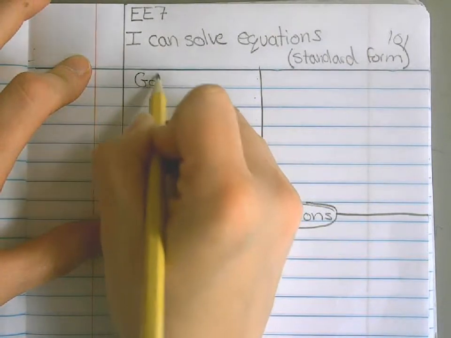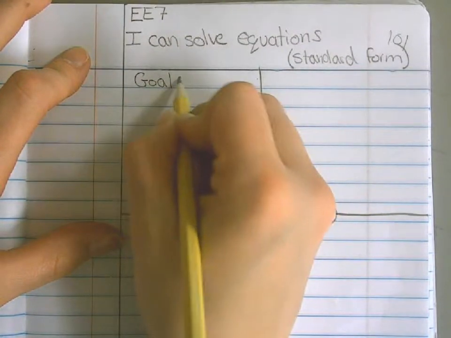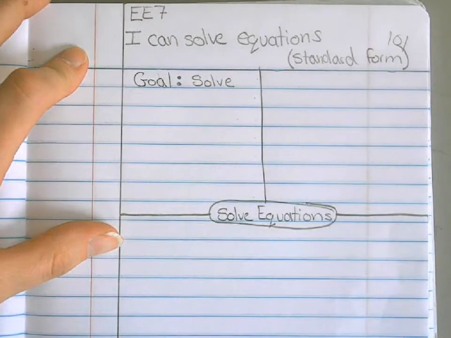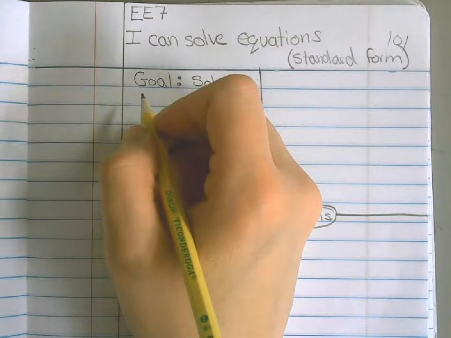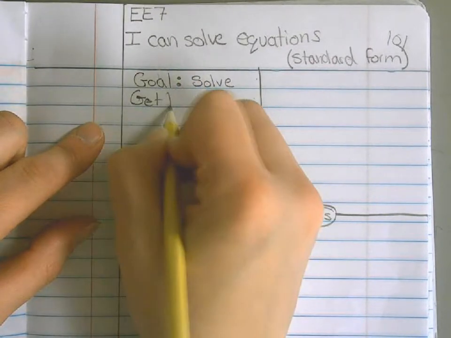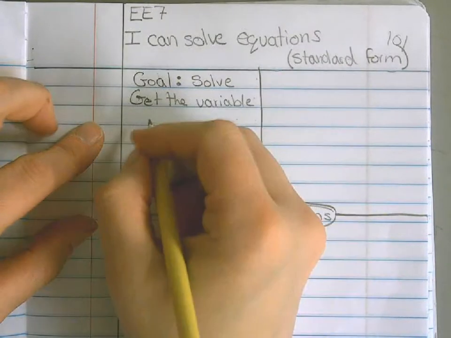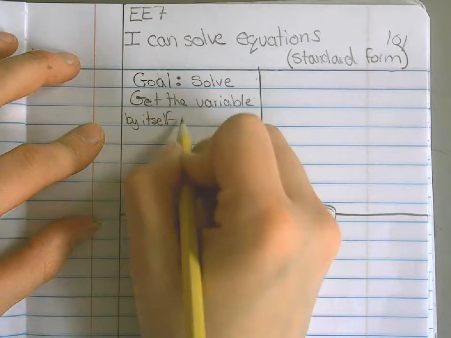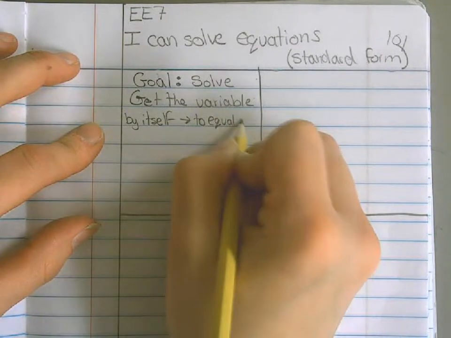First of all is our goal. Our goal, which is to solve. Alright, solve meaning we want to get the variable by itself to equal a number.